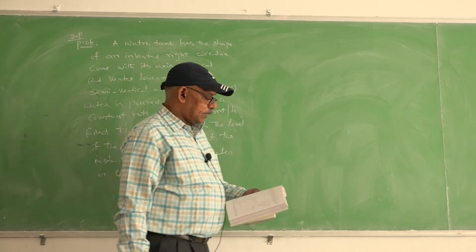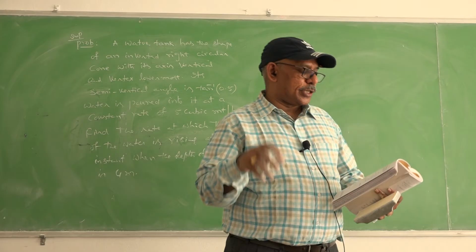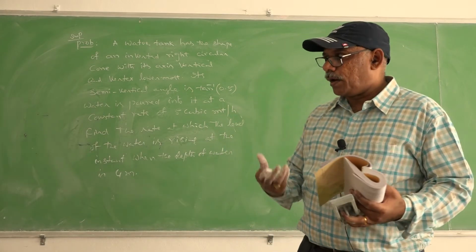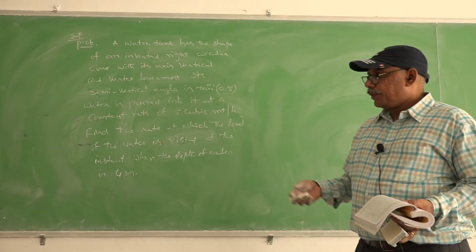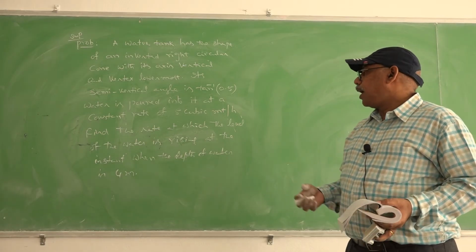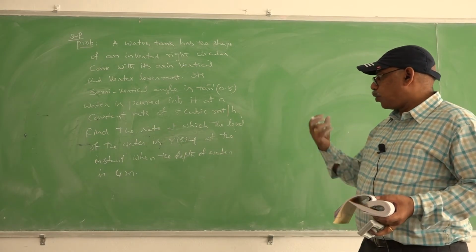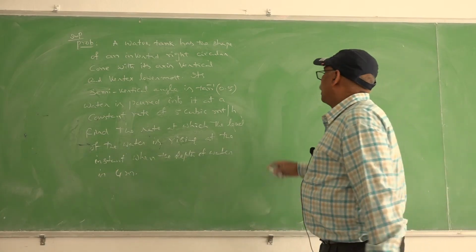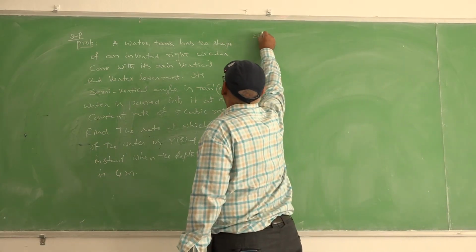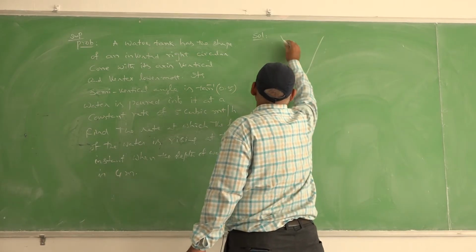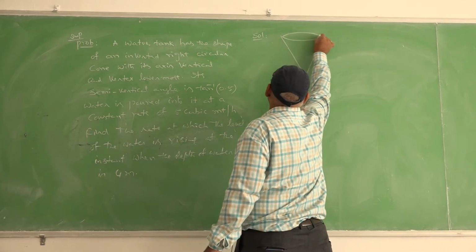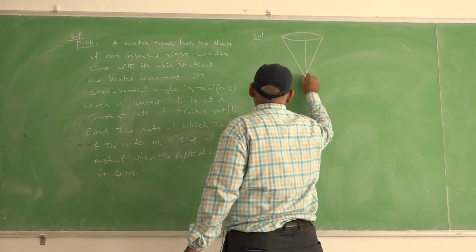A water tank has the shape of a funnel or reversed right circular cone with its axis vertical and whose vertex is lowermost. That means the vertex is downwards and this is the reversed right circular cone.